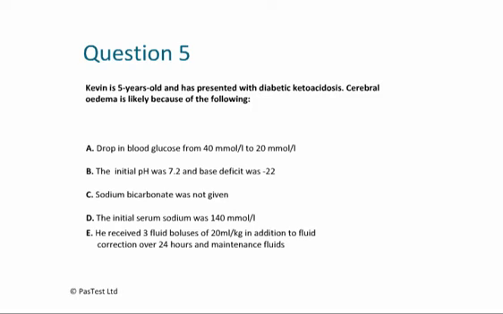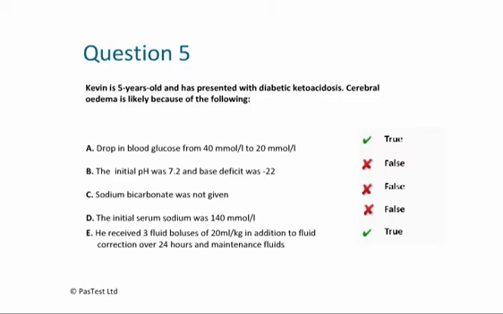The drop in blood glucose is rather drastic, and one should attempt not to lower the blood glucose by more than 5 millimoles per litre per hour. Therefore, A is correct. The initial pH did not suggest significantly poor metabolic acidosis.